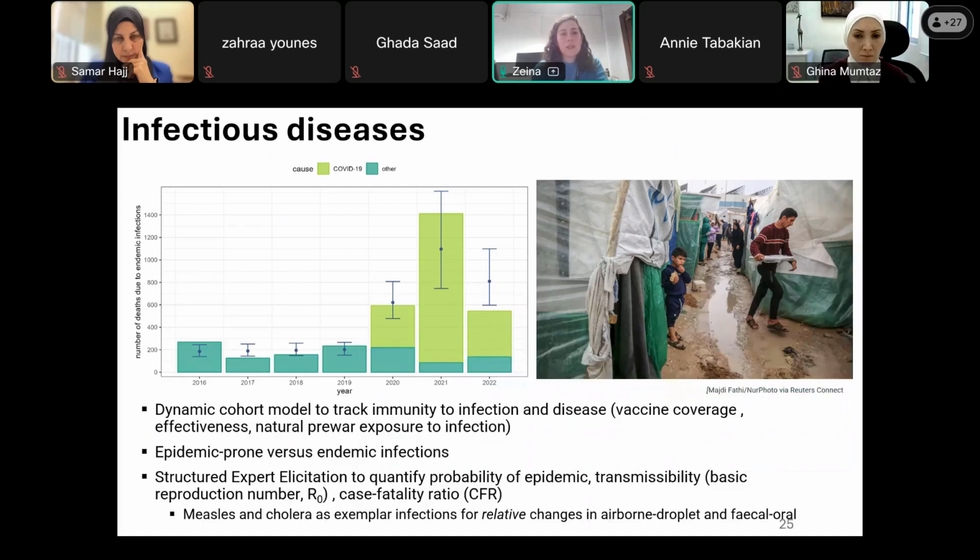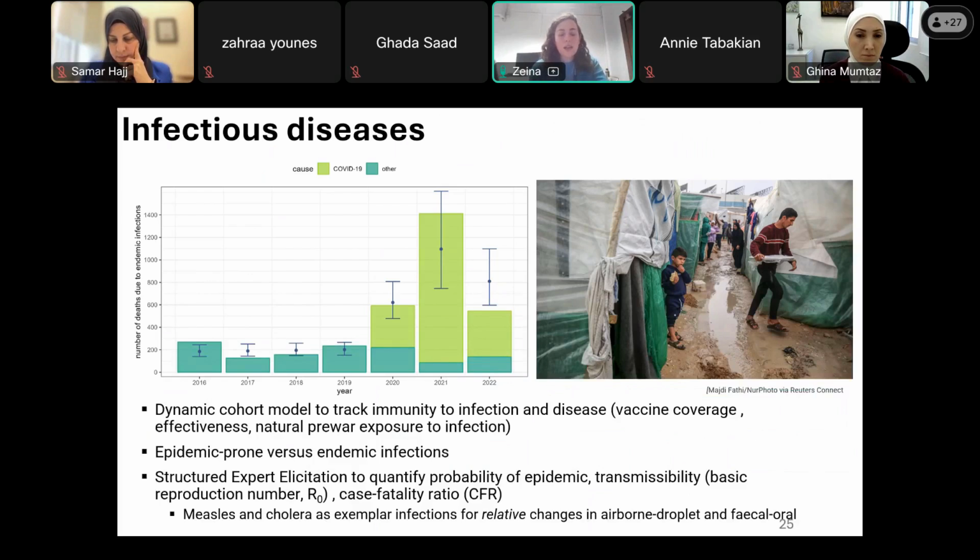But we have done different models. The infectious disease model was done mainly in-house by Francesco, with different inputs from people who've also worked on the COVID-19 projections at the school.